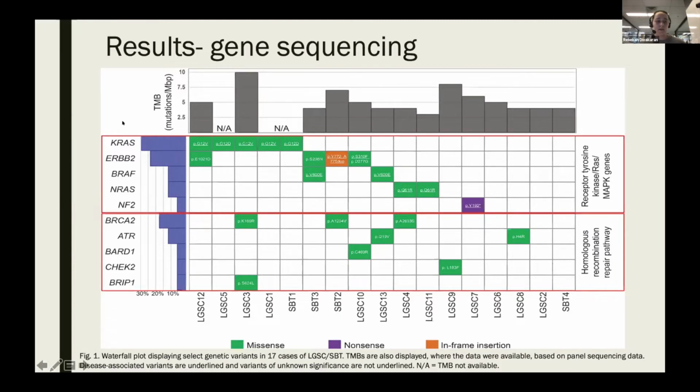Of these, KRAS was the most common mutation seen in 5 of the tumours. And down the bottom, you can see all of the genes that were associated with the homologous recombination DNA repair pathway. And of those, BRCA2 was the most common. They've also colour-coded the diagram. So they've shown that most of these mutations were missense mutations.